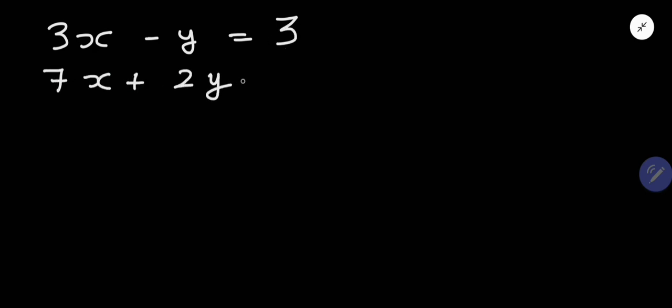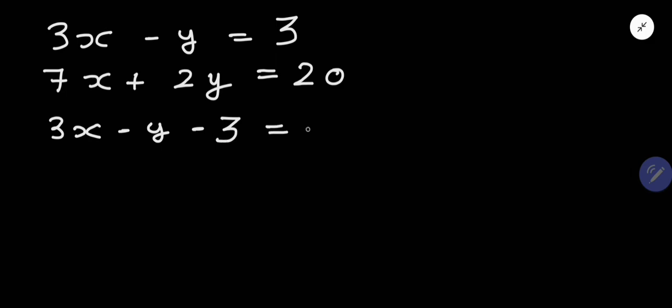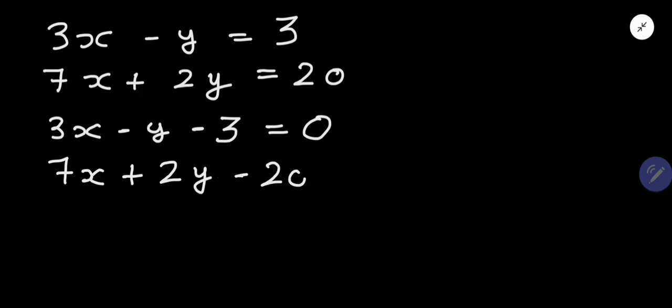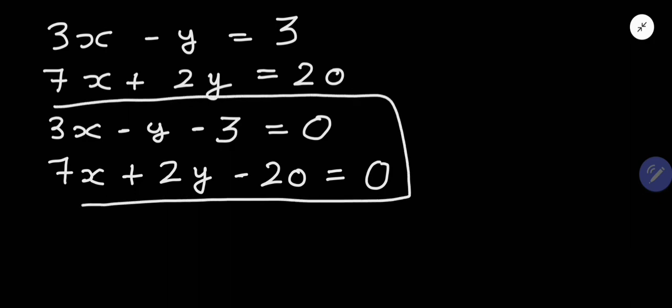Let's solve one more example, which is 3x minus y is equal to 3 and 7x plus 2y is equal to 20. So always write the equation as 3x minus y minus 3 is equal to 0, because if you write this equation like this, it will not create any confusion.